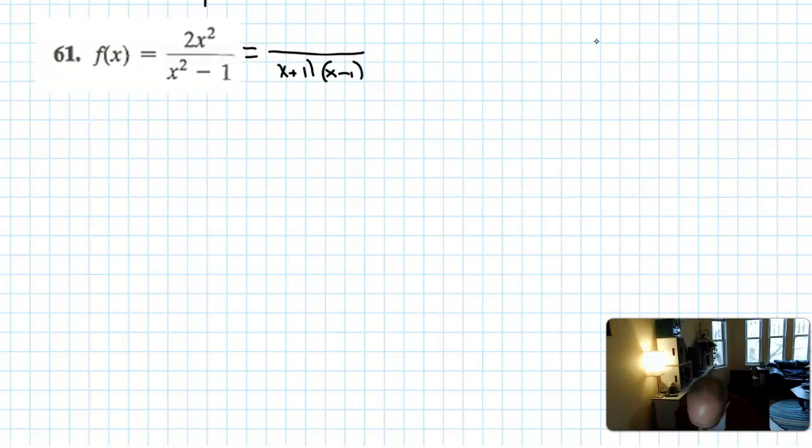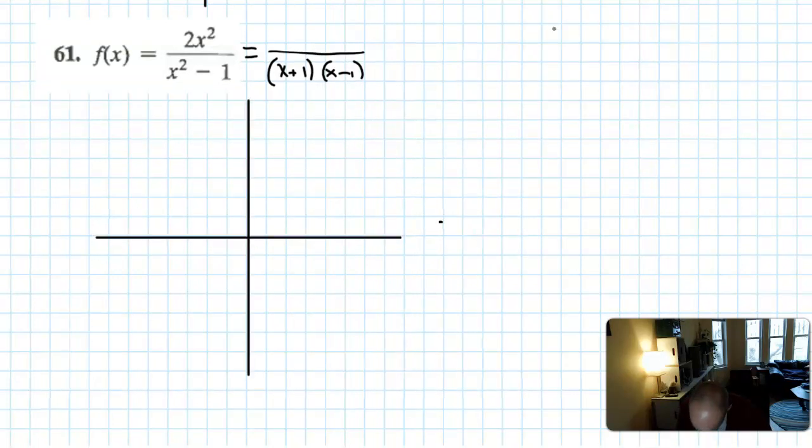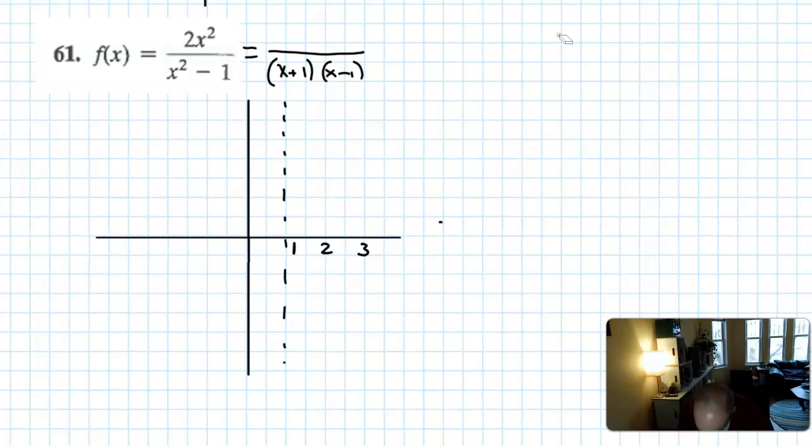That's a difference of squares. So what are we looking at here? Well, it looks like we're looking at vertical asymptotes at x equals 1. I'm going to do an x equals 2 scale. So this is 1, 2, 3 here. This is -1 here.